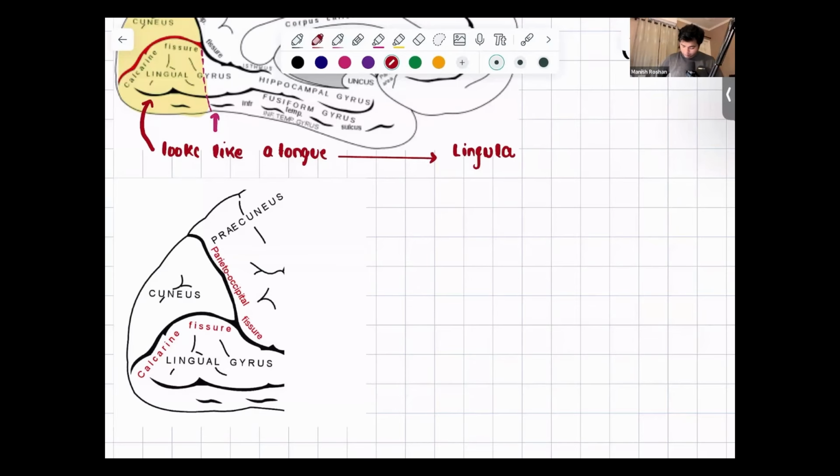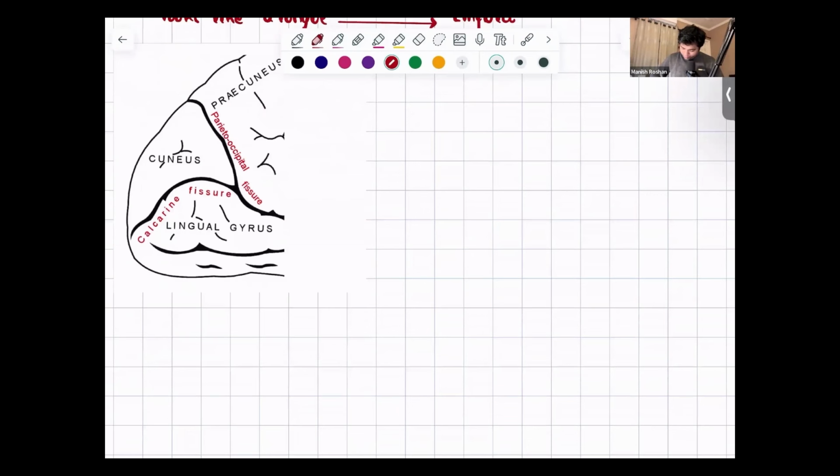Now, again, why I have placed this figure? Because of this calcarine fissure. I want you to focus on this. Calcarine fissure is one of the important fissures. Now, area 17, that is the primary visual area, is situated in the upper and the lower banks of the calcarine sulcus.